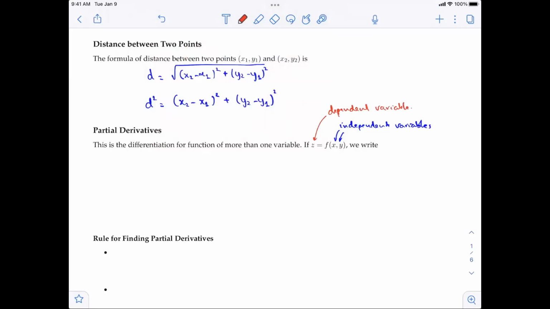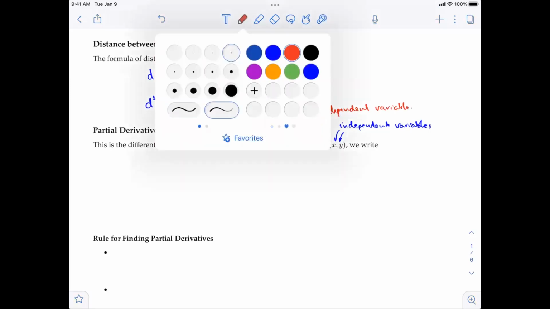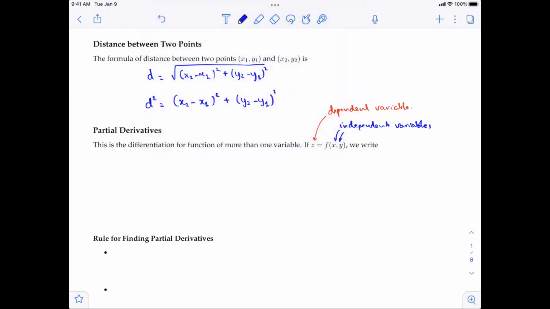You can apply the partial derivative on this function of two variables, and the notation that we're going to use for the partial derivatives is as follows. This is the curly d, or the fancy d, and you pronounce it partial. So partial z, partial x means the partial derivative of z, of the function, with respect to x.